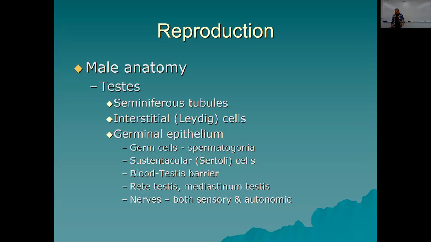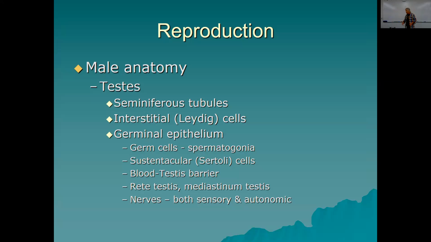So the testes are a series of tubules, called seminiferous tubules. And inside these tubules, spermatogenesis is going on, making sperm. There are cells outside, between the tubules, called Leydig cells or interstitial cells. They are cells that actually secrete testosterone.